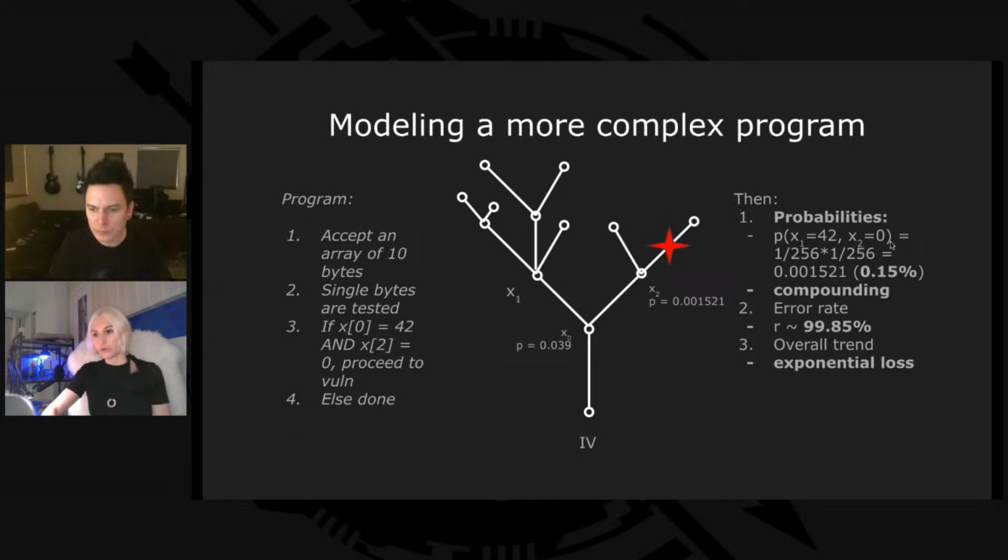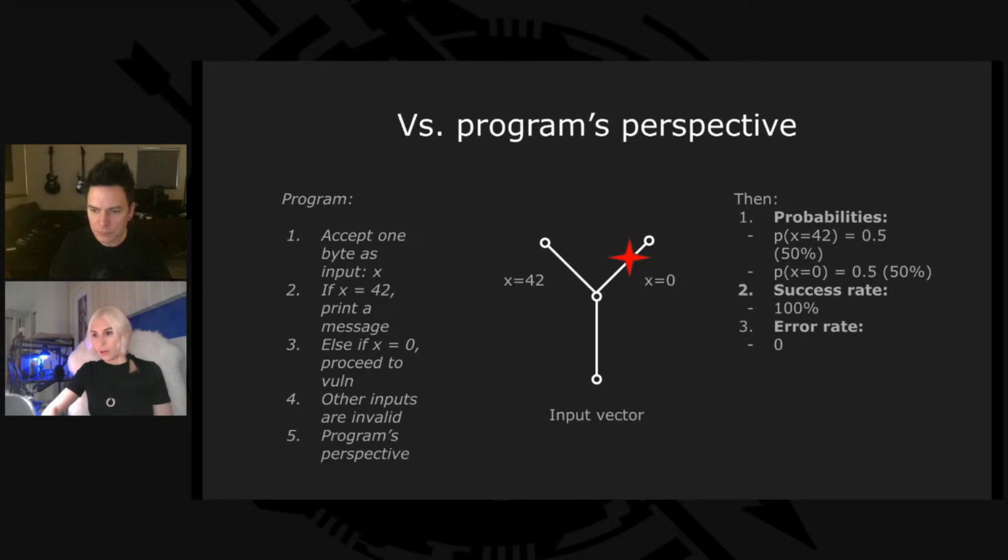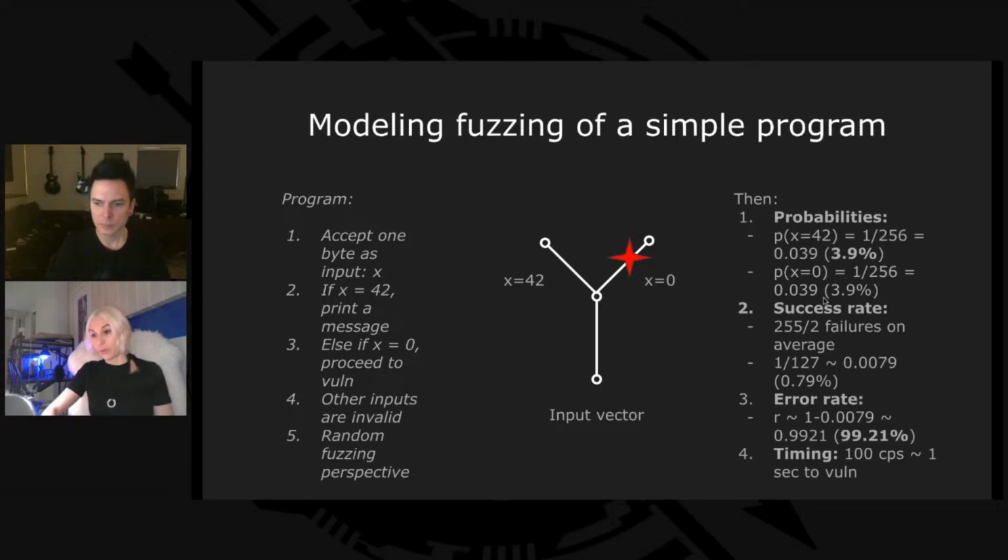This directly follows from the probability theory that I mentioned in the previous slide. So in the case of this slide, the second layer of branches will have a very small probability, around 0.15%, in contrast to 3.9.